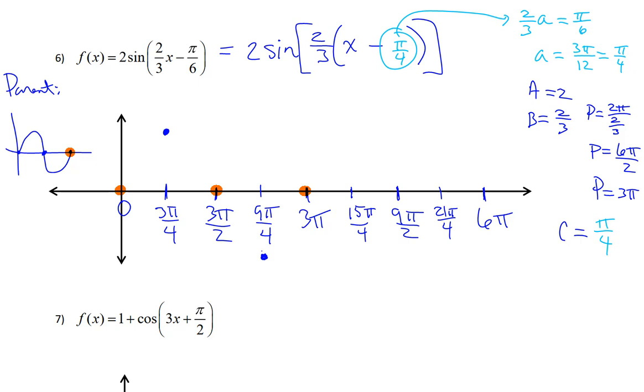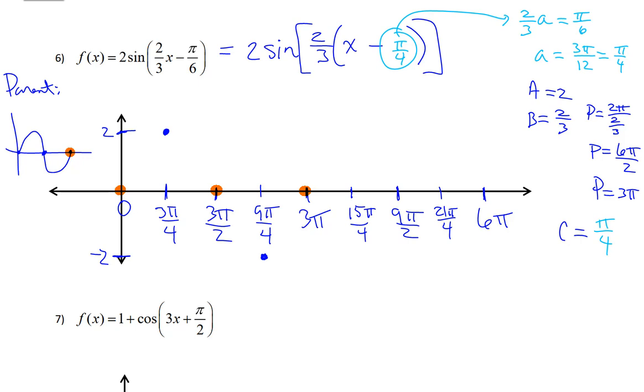I'm going to mark those in there, and I'll even mark their vertical elevation, given that the amplitude is 2. So it normally goes as high as 1 and as low as -1. We're going to be going as high as 2 and as low as -2 because of that amplitude of 2. And instead of drawing the curve in now, which could be tempting to do, let's do a couple things.